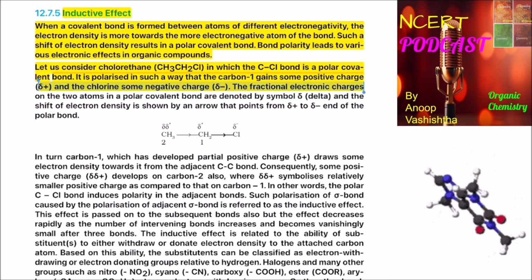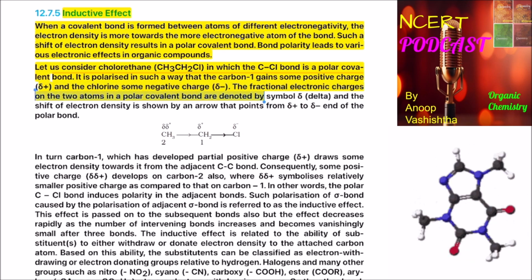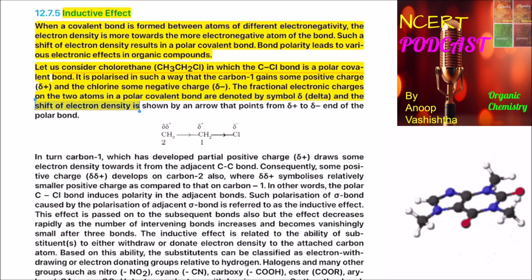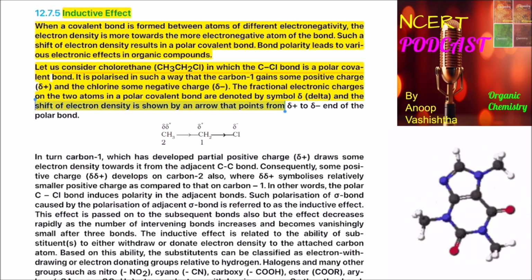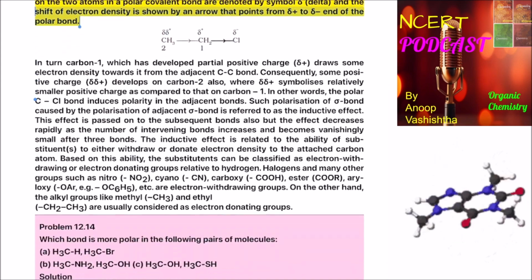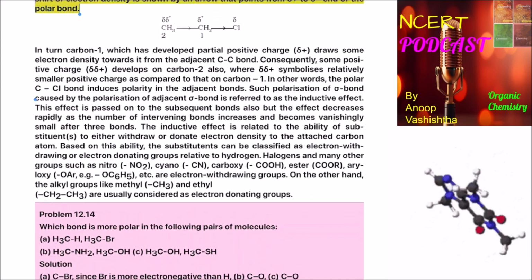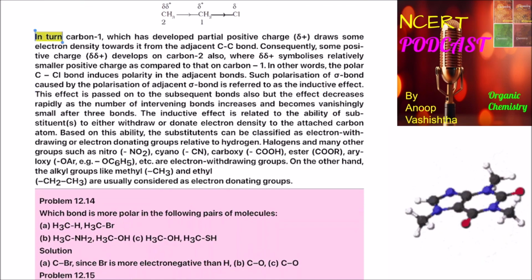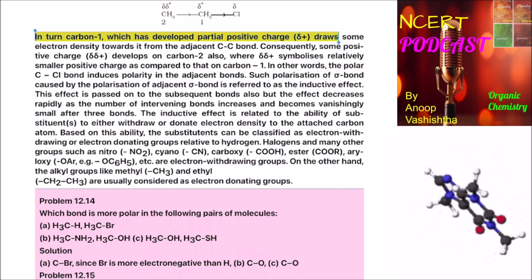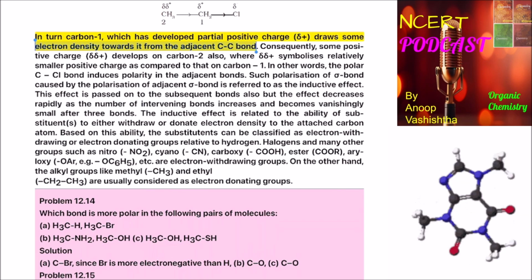The fractional electronic charges on the two atoms in a polar covalent bond are denoted by the symbol delta, and the shift of the electron density is shown by an arrow that points from the delta positive to the delta negative end of the polar bond. In turn, carbon 1, which has developed partial positive charge delta positive, draws some electron density towards it from the adjacent C-C bond.